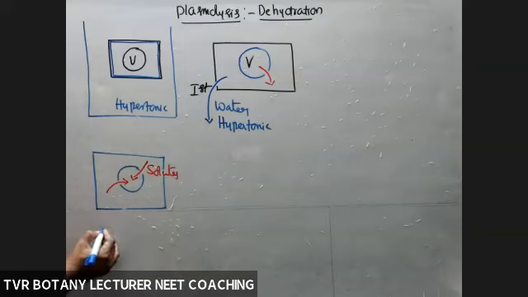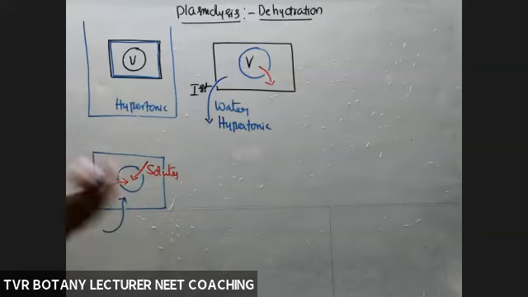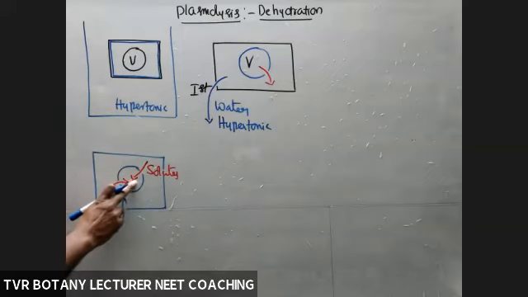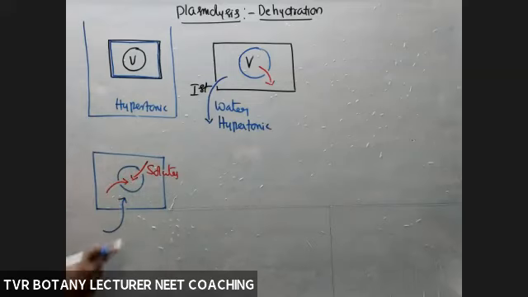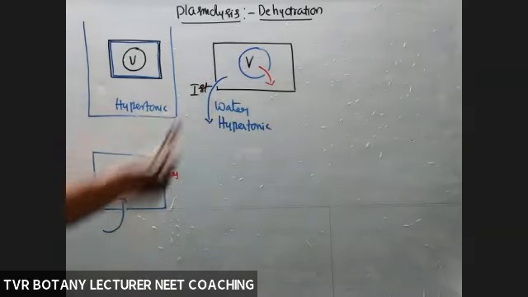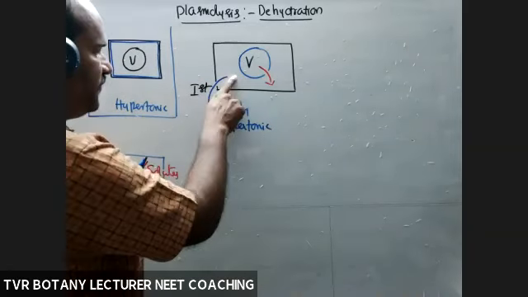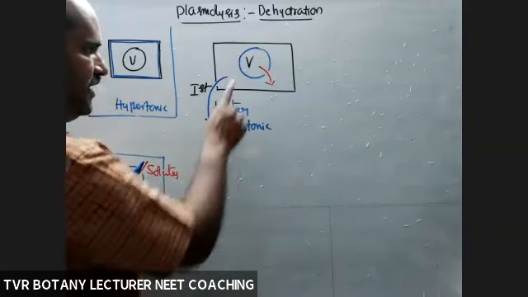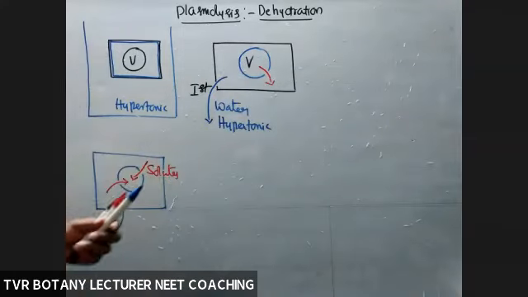The cytoplasm has to absorb water from the surrounding medium, whatever it is. This is the direction of movement of water: solutes into the vacuole, water from cytoplasm into vacuoloplasm, and water from the surrounding medium into cytoplasm. But here, water goes from cytoplasm into hypertonic solution, and next from vacuole to cytoplasm.